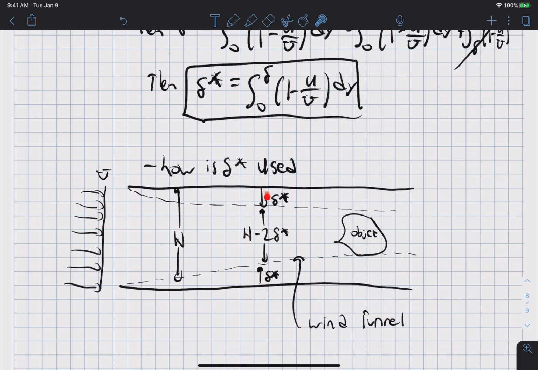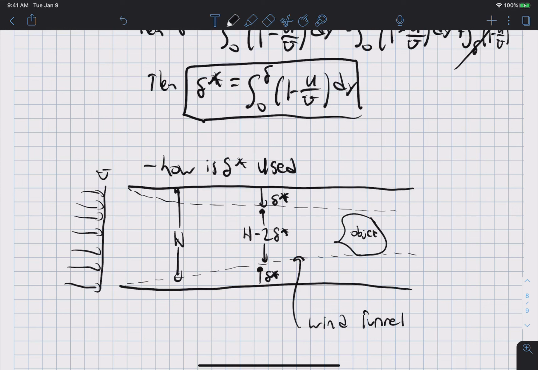And so it restricts the cross-sectional area for the flow, and it acts like an area reduction. So it is acting like a nozzle in this case, in that it is accelerating the flow.